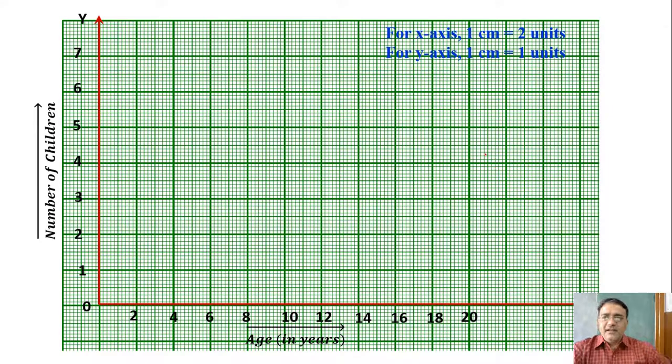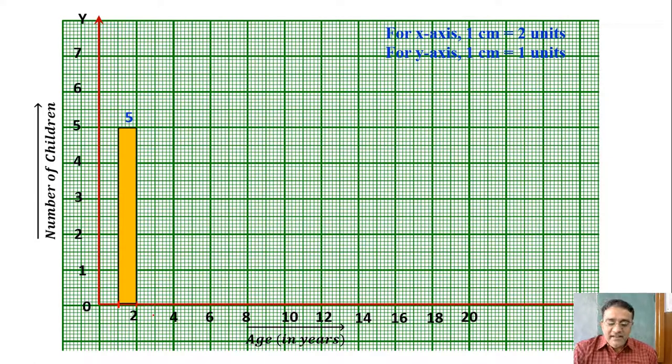So this is my graph. Clear? So the first class interval was 1 to 2. 1 to 2 यहाँ पर आएगा, and the adjusted frequency was 5, so it will go up to here. So first I am going to draw 5 here.